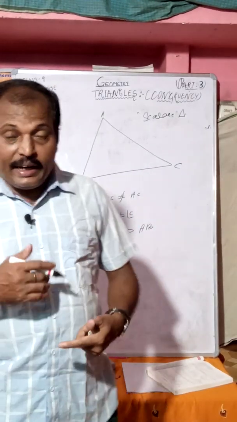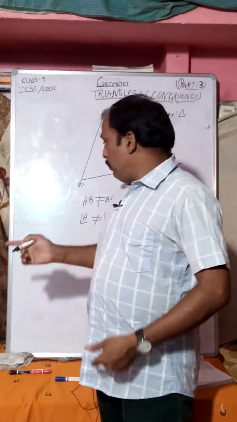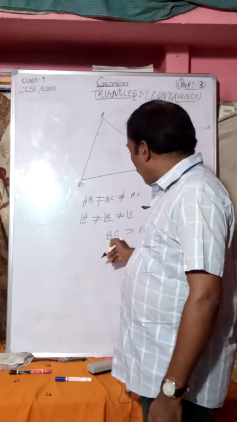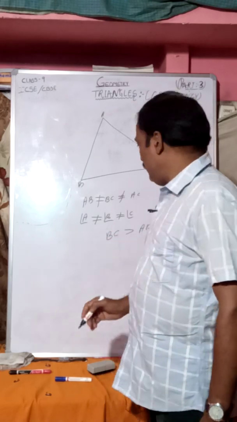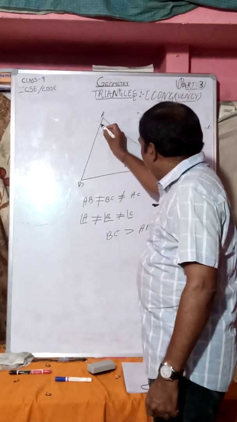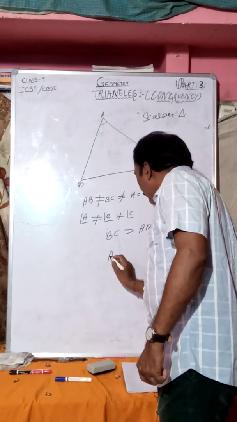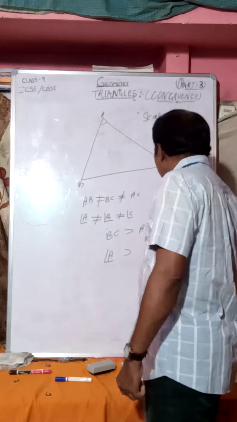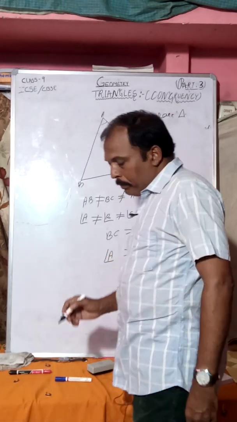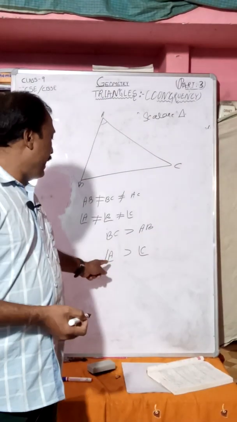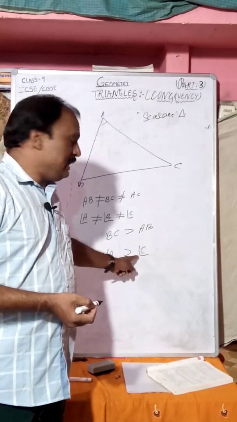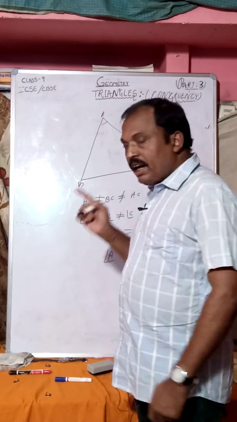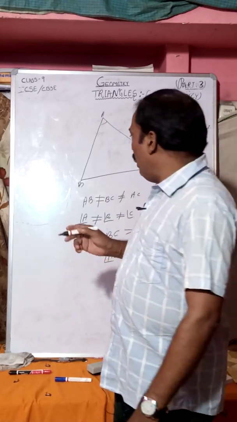If BC side is greater than AB side, then the angle opposite to BC, that is angle A, is greater than the angle opposite to AB, angle C. So if BC is greater than AB, the angle A is greater than angle C. Means the greater side has the greater angle opposite to it.